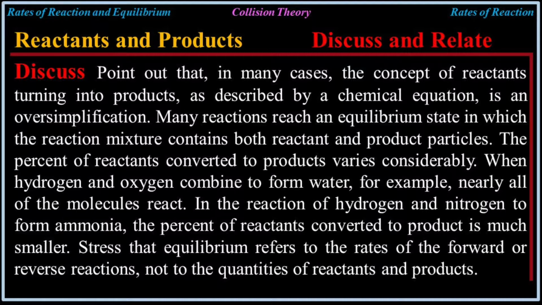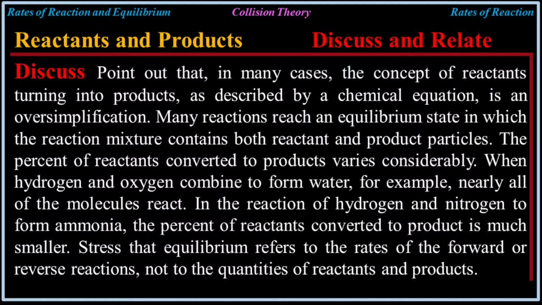Discuss reactants and products. Point out that in many cases the concept of reactants turning into products, as described by a chemical equation, is an oversimplification. Many reactions reach an equilibrium state in which the reaction mixture contains both reactant and product particles.